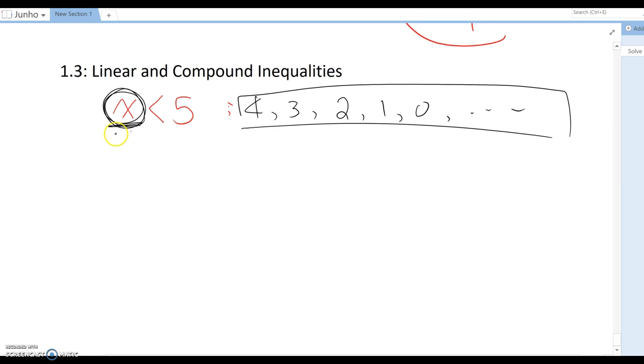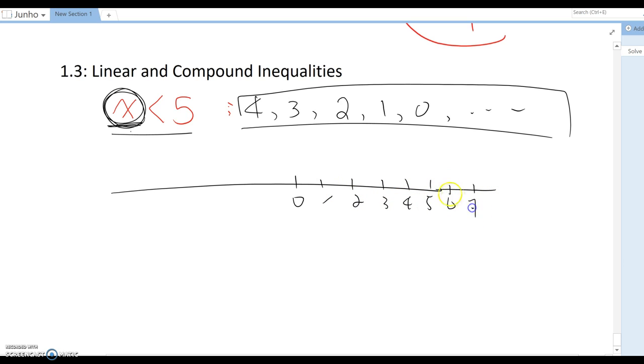Okay, so in this case, we can mark any value which is less than 5. That will be our answer for this case.